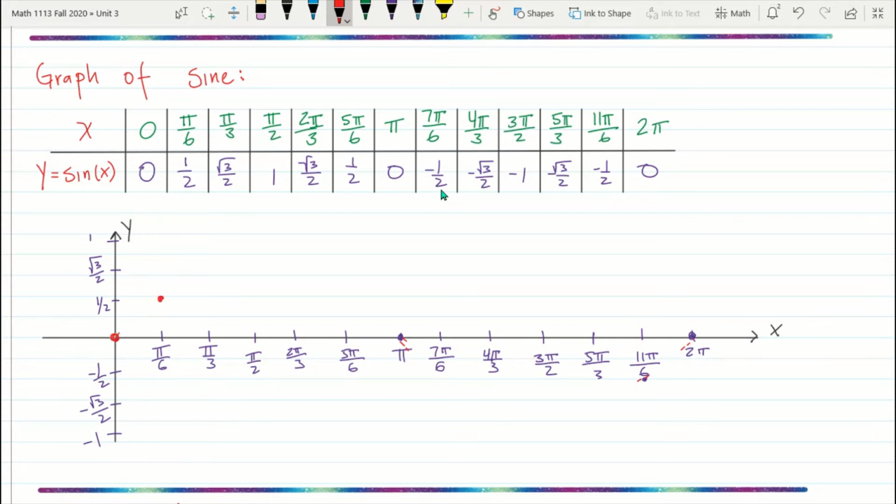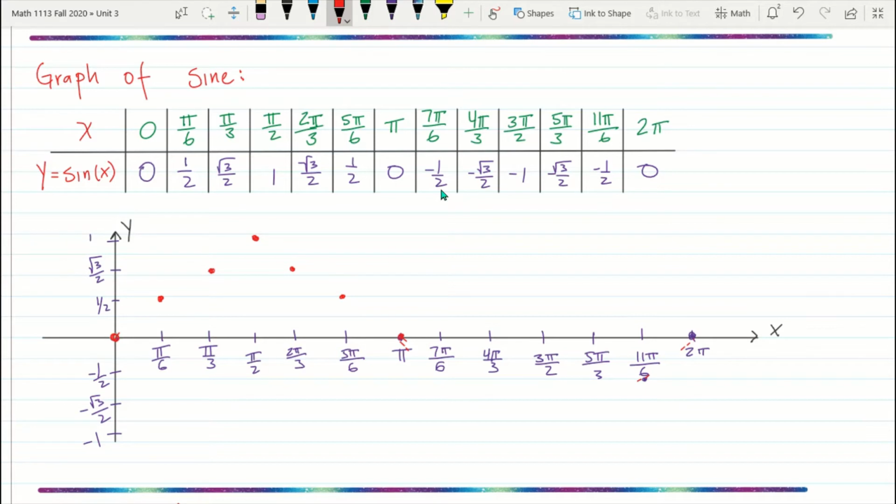Pi over 6 is 1/2. Pi over 3 is square root of 3 over 2. Pi over 2 gives you 1, and so on, right? So you get the idea that these values go all the way up to +1, and then they come back down, right?